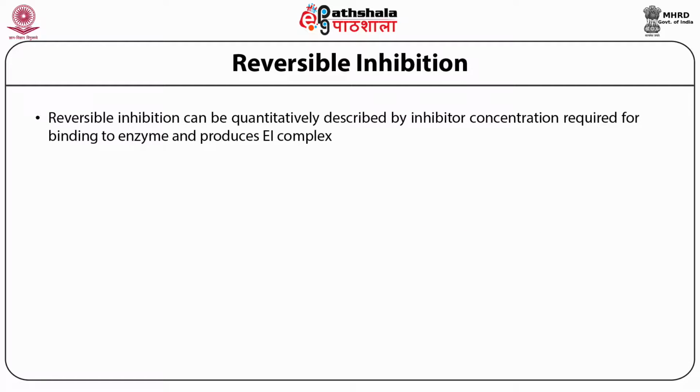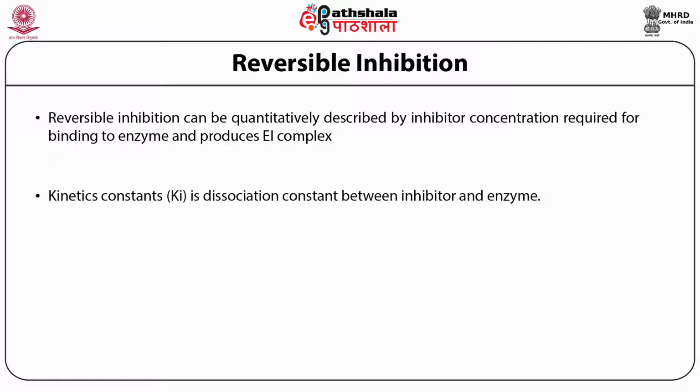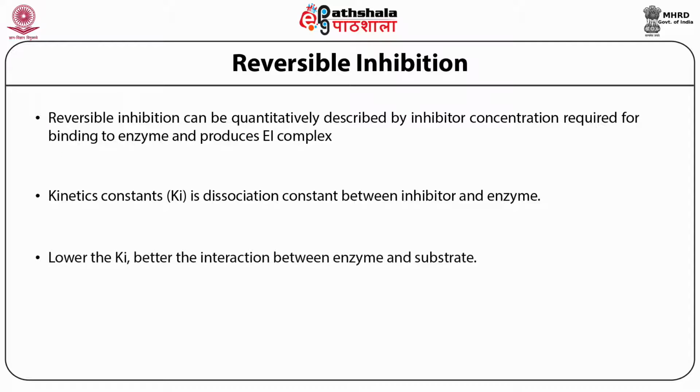Reversible inhibition can be quantitatively described by the inhibitor concentration required for binding to the enzyme and producing the enzyme-inhibitor complex, and that constant is known as Ki, the dissociation constant for the inhibitor. Similar to Km, if the Ki is low, then a particular inhibitor has better interaction between enzyme and inhibitor.